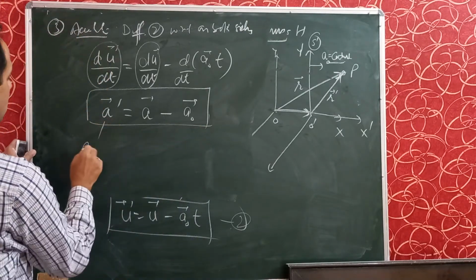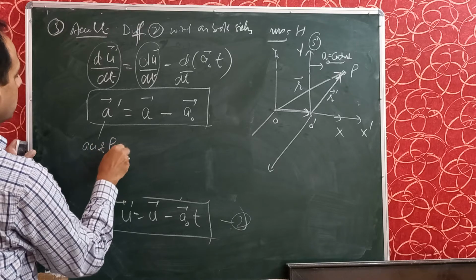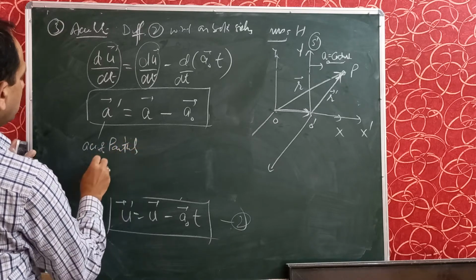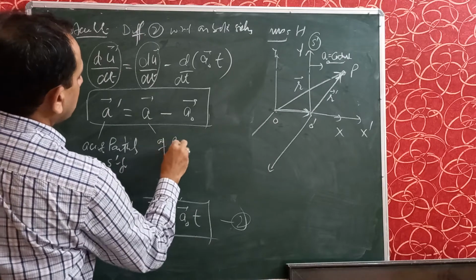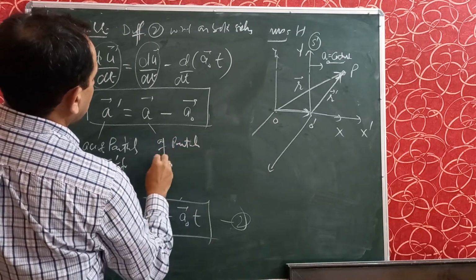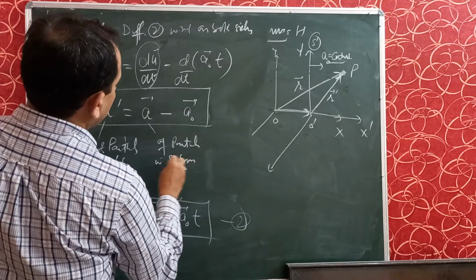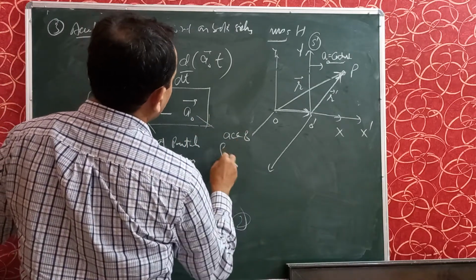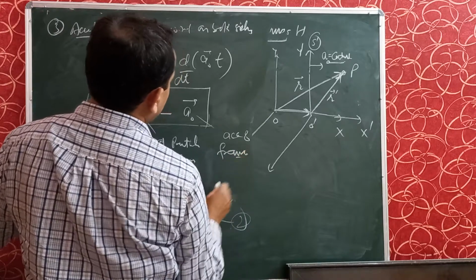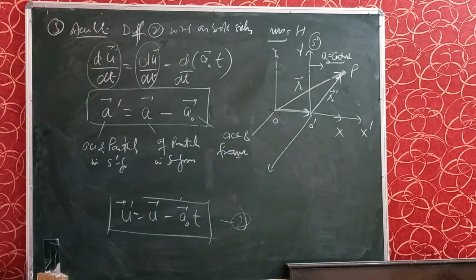So a dash is the acceleration of the particle in S dash frame, a is the acceleration of the particle in S frame, and a naught is the acceleration of the frame.